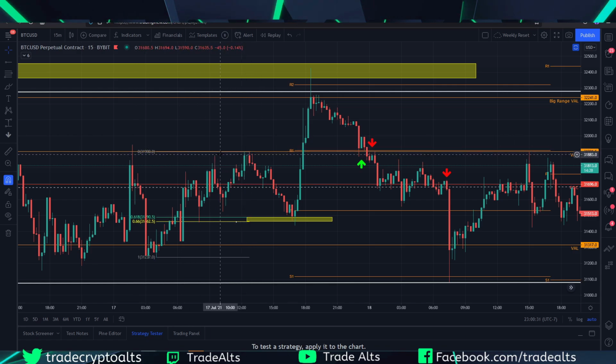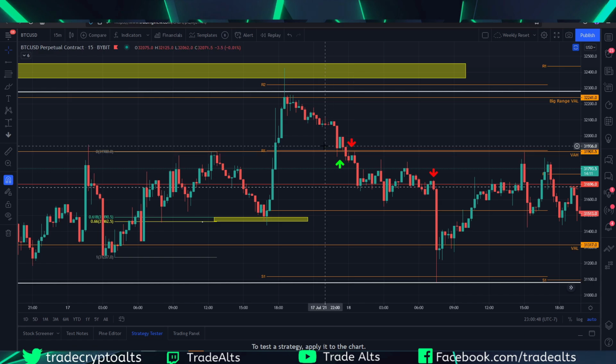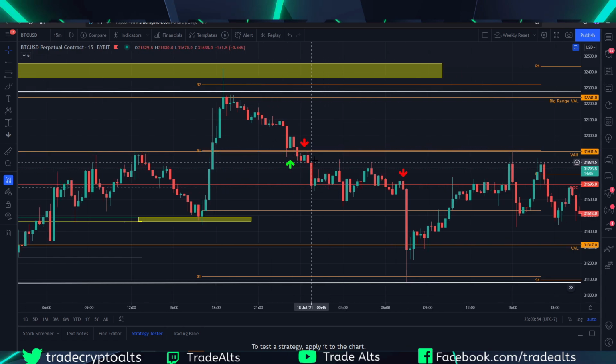It's telling you very clear cut resistance, you end up getting your push through. So when you come down for your back test, you really want to see that held as a support, right? Once it's pushed through, if it's tested, you want to see it held as a support level.